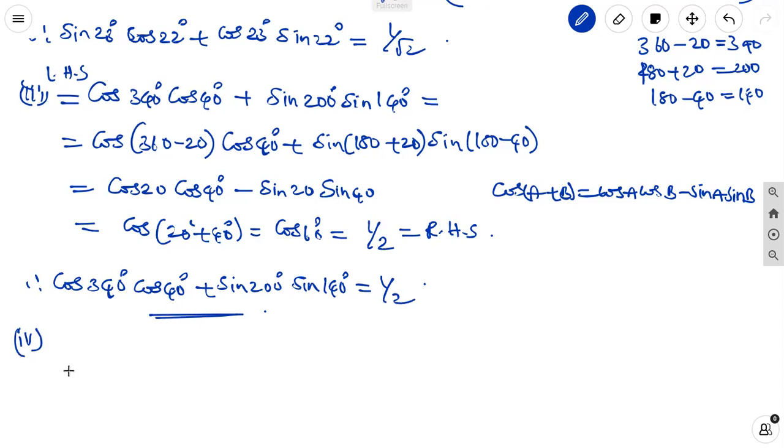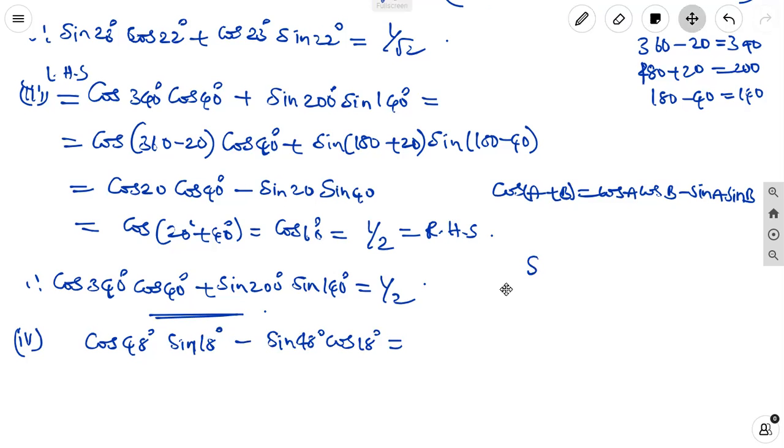Fourth one is cos 48 degrees sine 18 degrees minus sine 48 degrees cos 18 degrees.